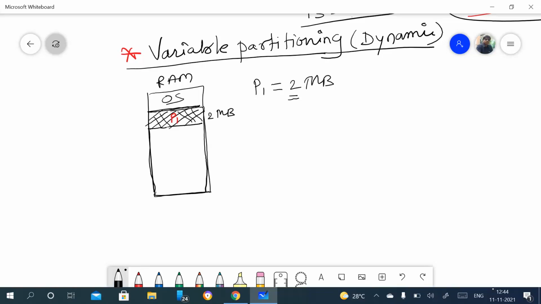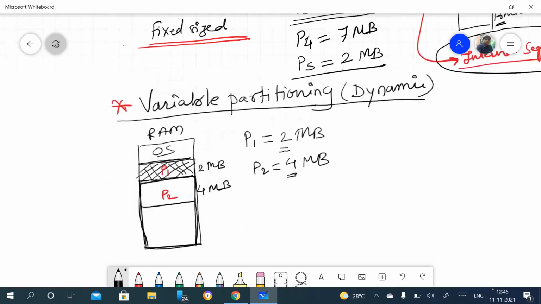Now consider the next process, P2, and its requirement is 4 MB. Again the same thing, this portion is available, so from this portion we'll reserve 4 MB. This is for P2 and this is a 4 MB slot, because as per need we reserve.